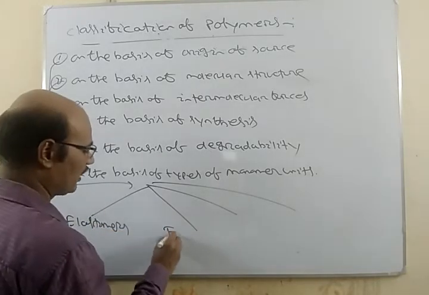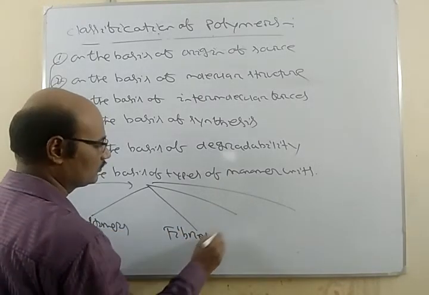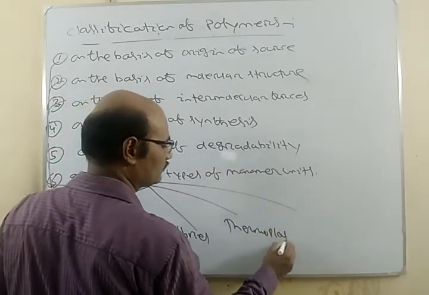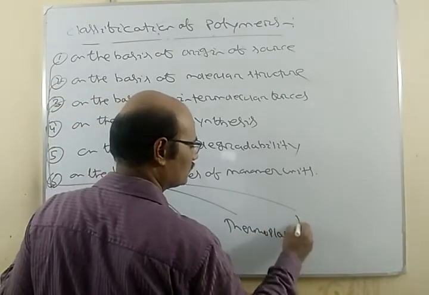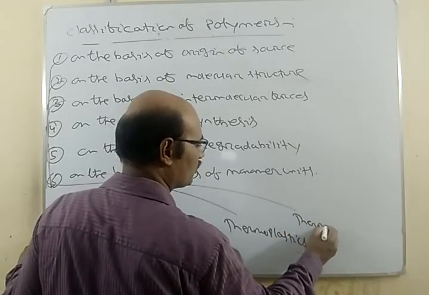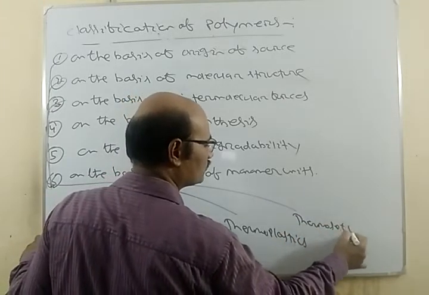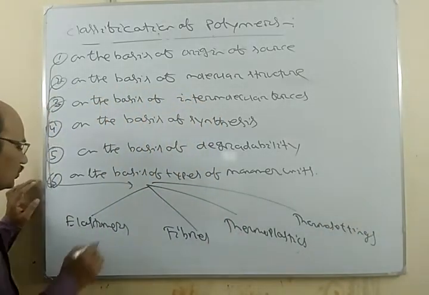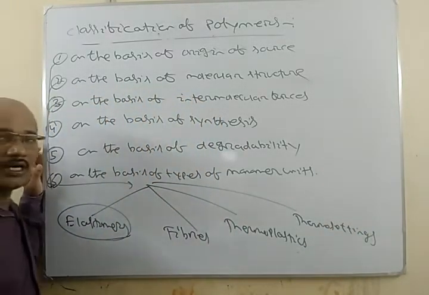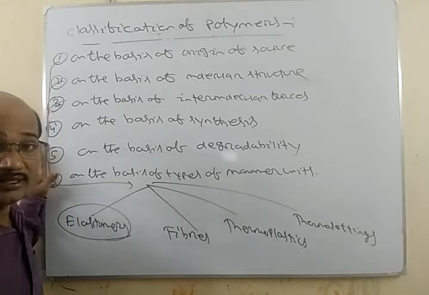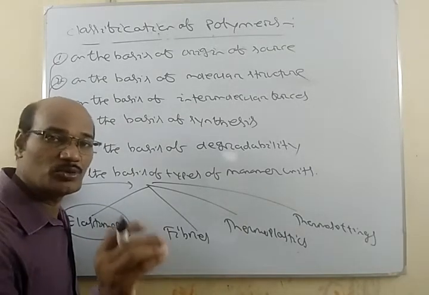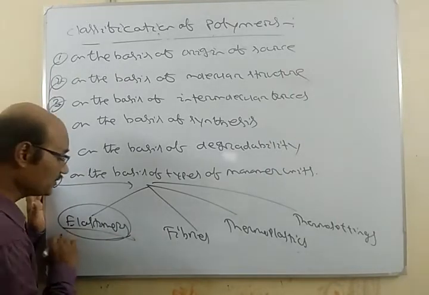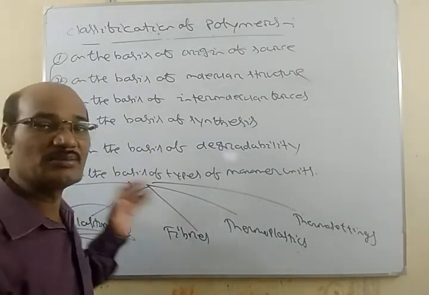elastomers, fibers, thermoplastics, and thermosettings. Okay, so elastomers are those polymers where the intermolecular force is very less, and this kind of polymer can be stretched.